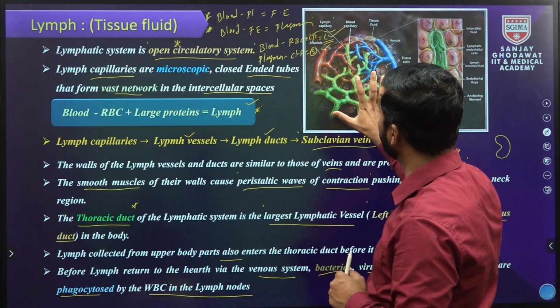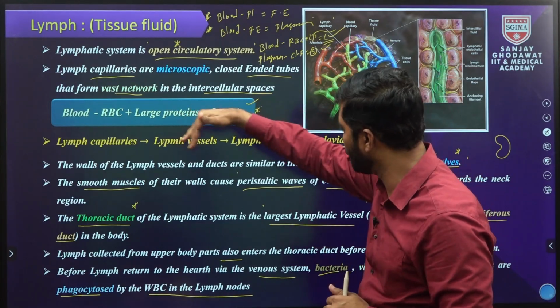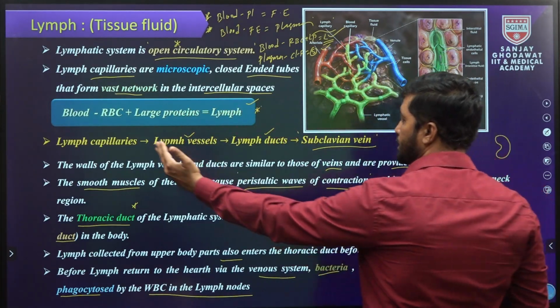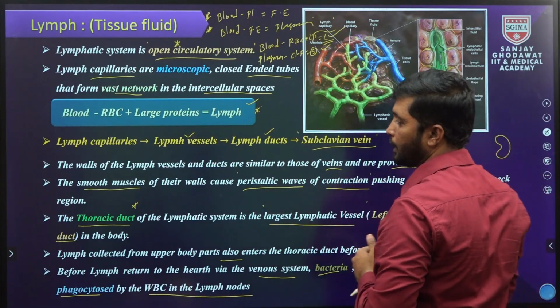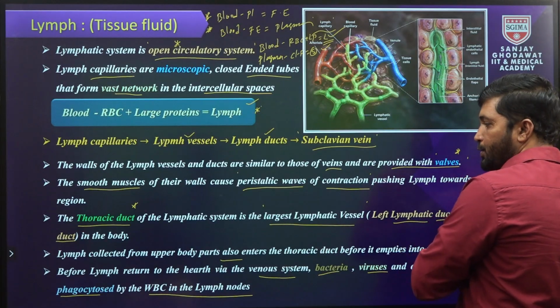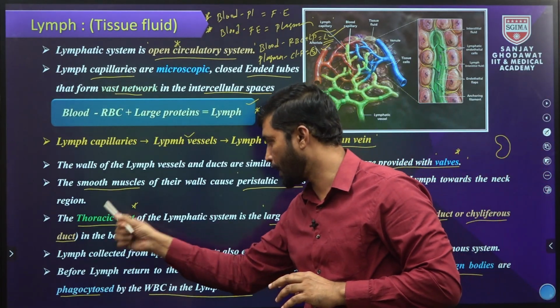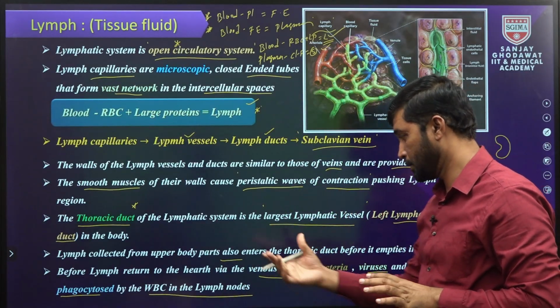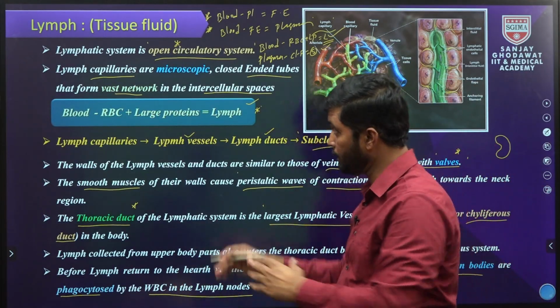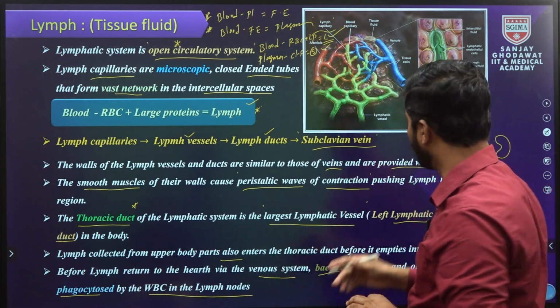Once tissue fluid enters the lymph capillaries, it is called lymph. Then the lymph is transported. This is the flow chart about lymph transport, the muscle function, the valvular structure, the thoracic duct and the phagocytosis. This is the introduction about the lymph or tissue fluid.